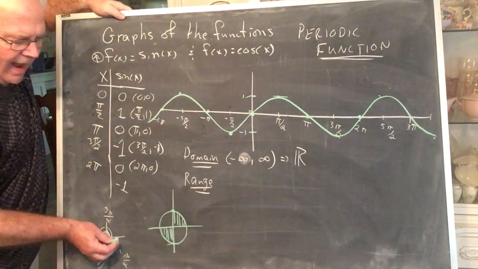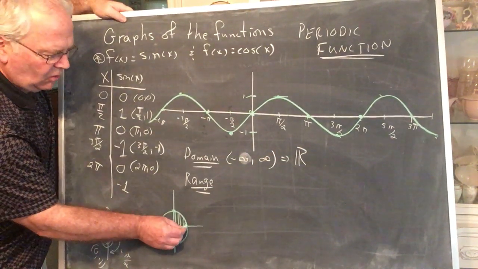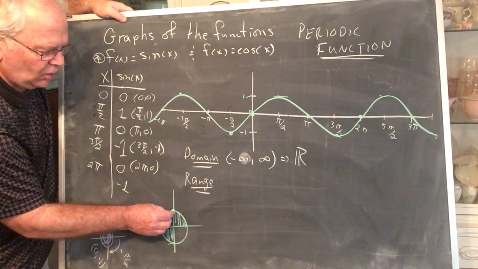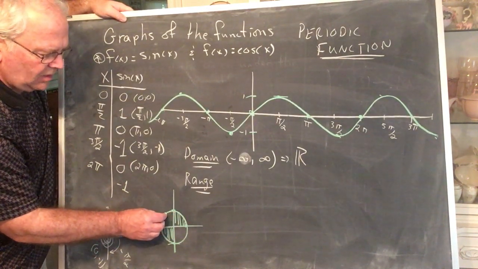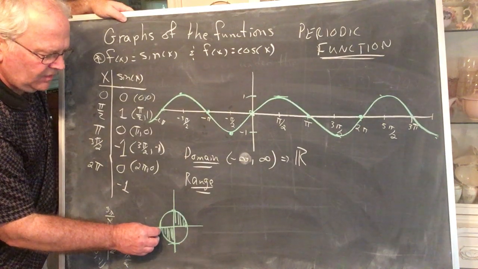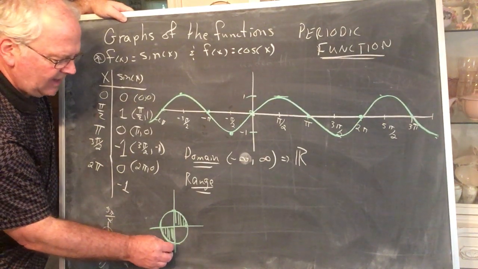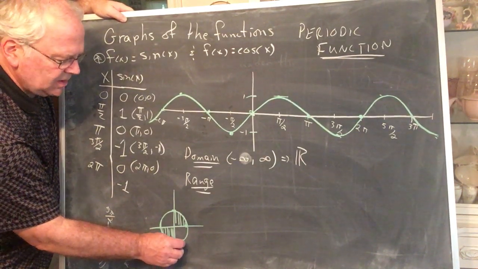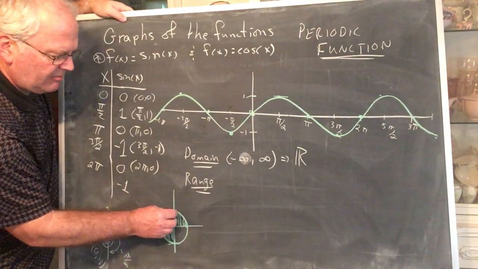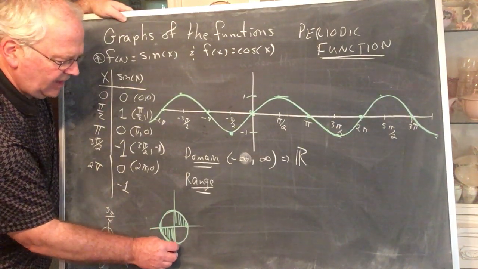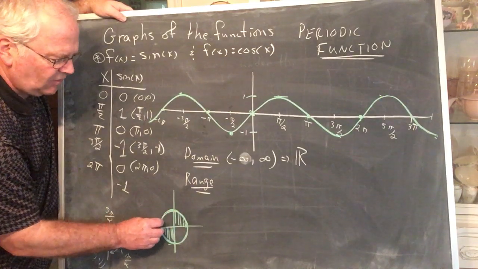And look at what happens to the y coordinates. The y coordinate is 0, then it goes to 1, then comes back down to 0, then goes to -1, then goes to 0 again, then +1, then 0, then -1, then 0, then +1, then 0.